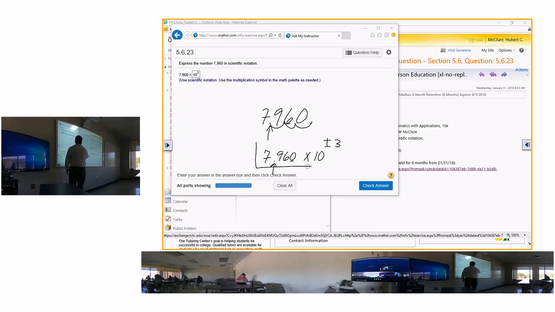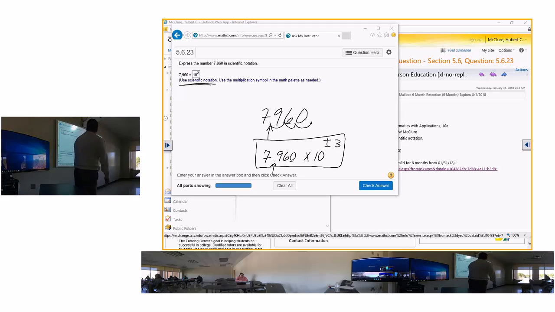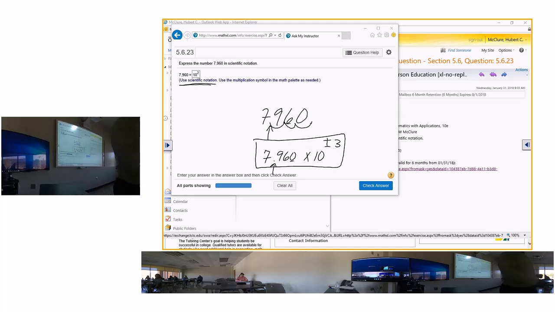Make sure you read what it says right here. Use scientific notation. That tells you to put it in scientific notation. If you don't see that, chances are they want you to put it as a number, especially with units of measurement. Okay, write that down. Second thing you want to make sure of is whether they tell you to round it. They do not, so that's your answer. Okay? Next question.